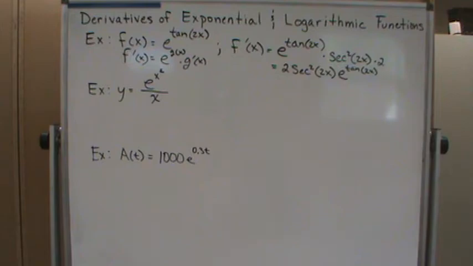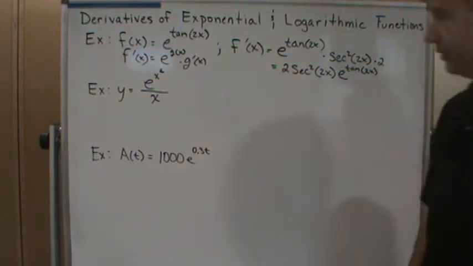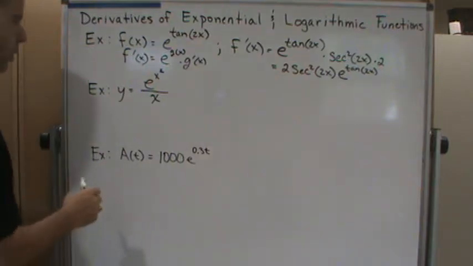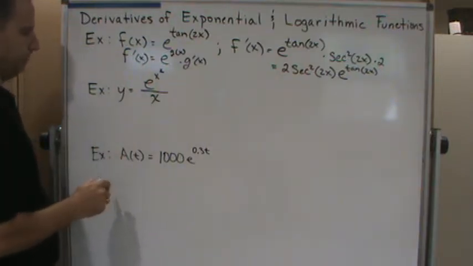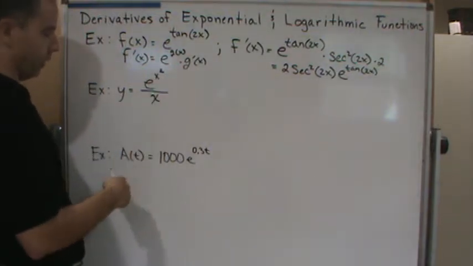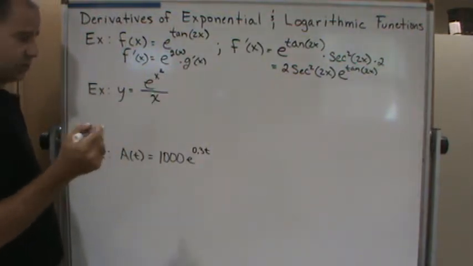Now let's go on to the second one. This involves a quotient, so we're going to end up doing the quotient rule here. There's no way to really simplify this. You could put it as x to the negative 1 and do the product rule, but let's just do the quotient rule.